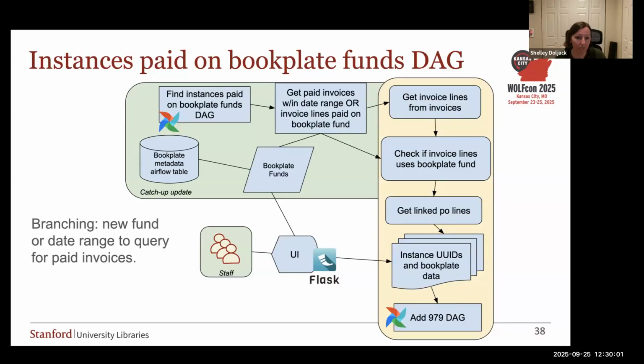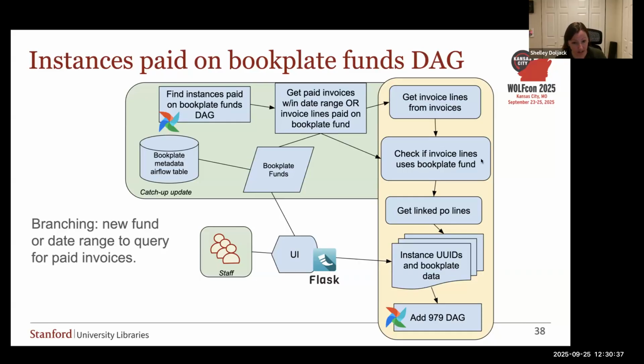The instances paid on bookplate funds DAG has some branching in it. When the fetch bookplate metadata DAG triggers this particular DAG with new bookplate data, it follows the path to query all invoice lines paid on that fund. When it's running its weekly schedule, it takes the date range of its last run and current run and uses that to query invoices paid in that date range.